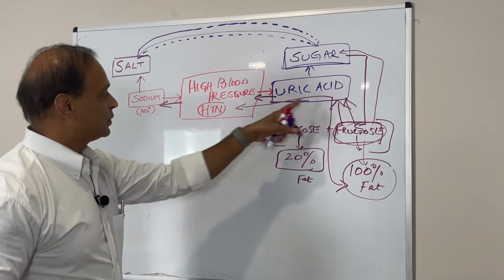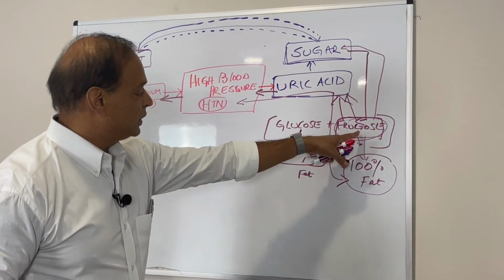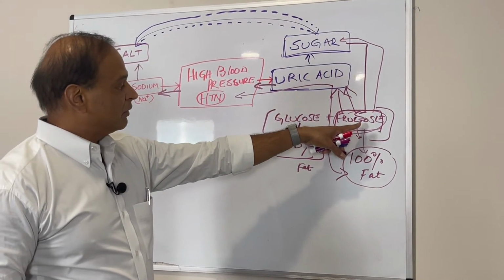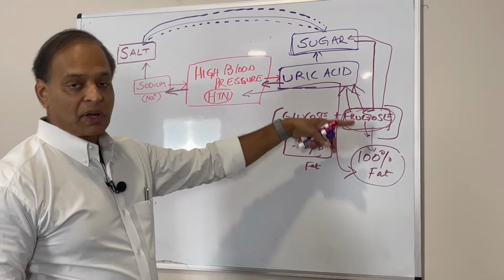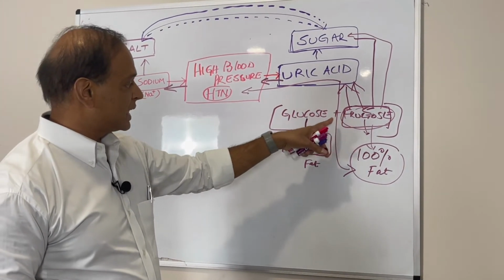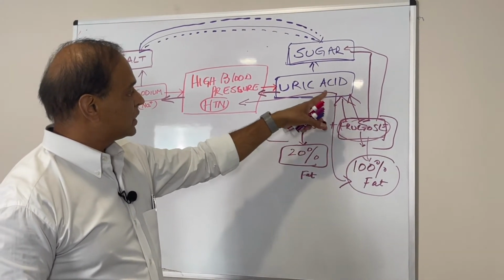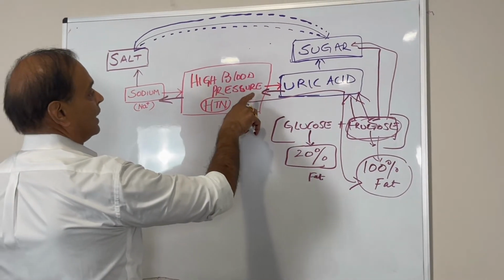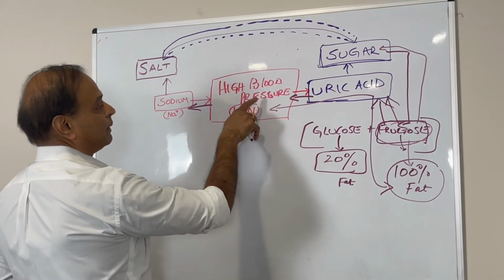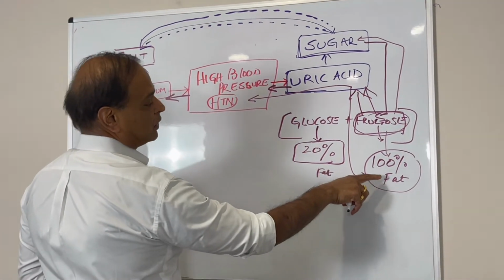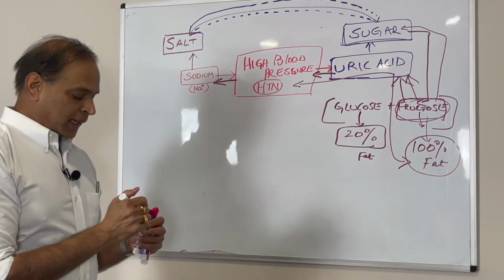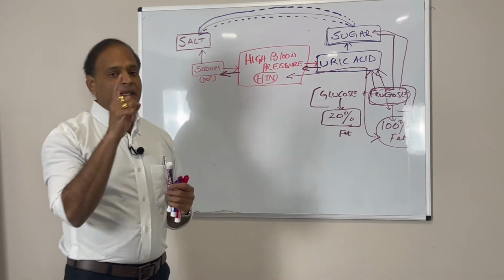So these are the two things that happen when you are eating fructose, which is your table sugar or all kinds of sugars that you eat, because it changes into uric acid, and that uric acid is going to drive high blood pressure and also make fat. So uric acid is closely related to high blood pressure.